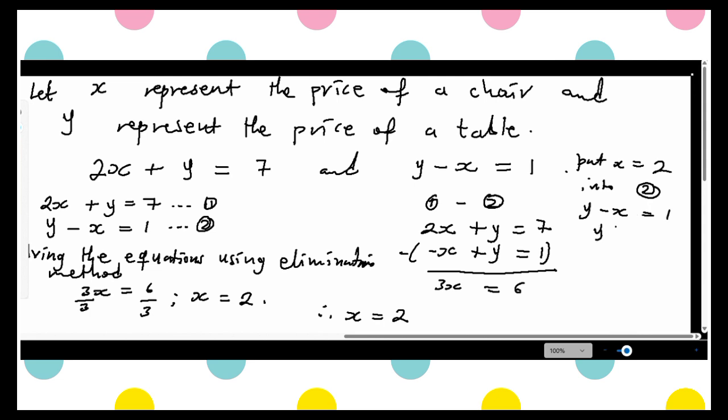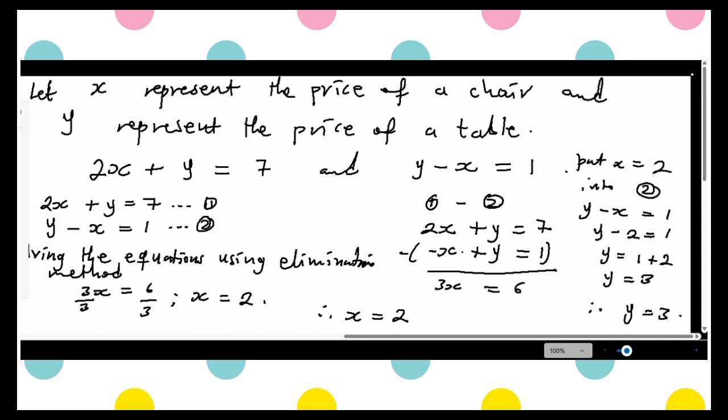But we said x is equal to 2, so we have y minus 2 equal to 1. Then sending the 2 across the equality sign, it is minus, it changes to positive 2. Now y will be equal to 1 plus 2, which is what? 3. So therefore y is equal to 3.